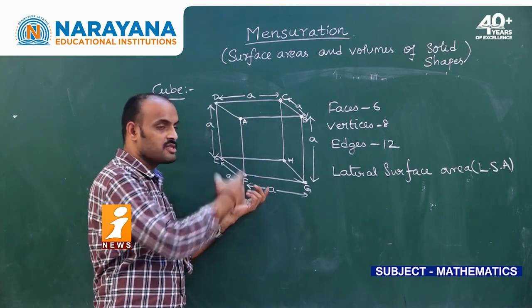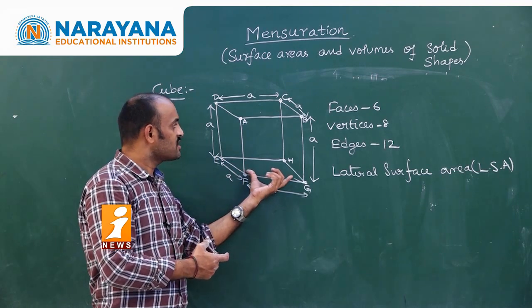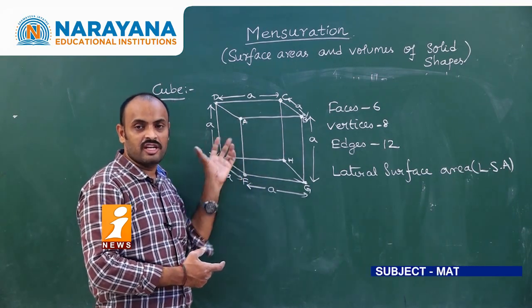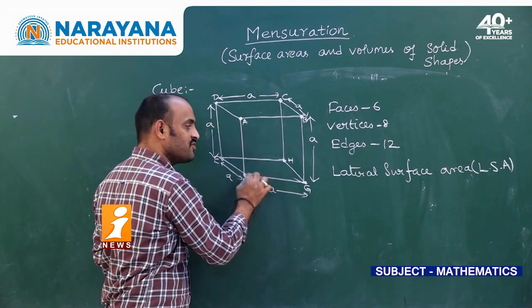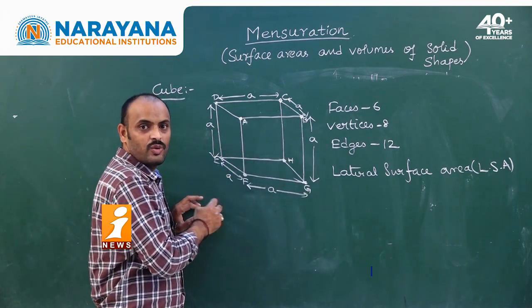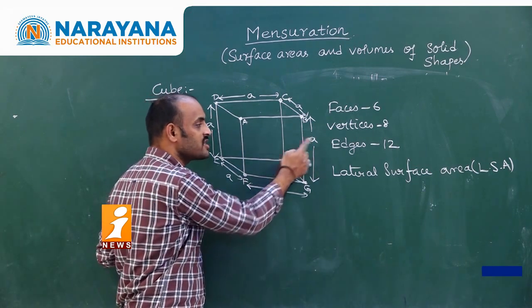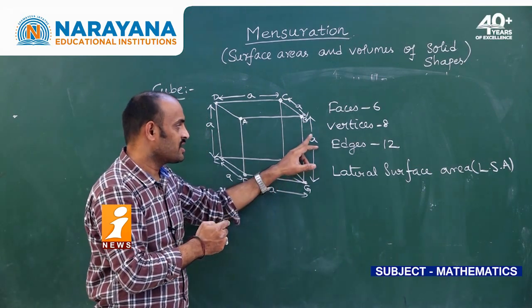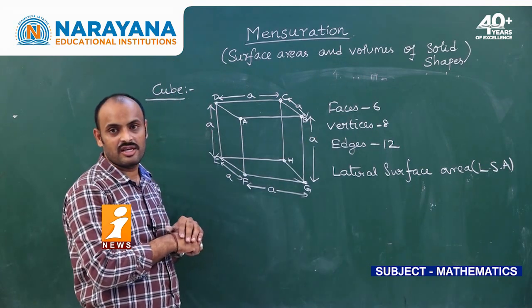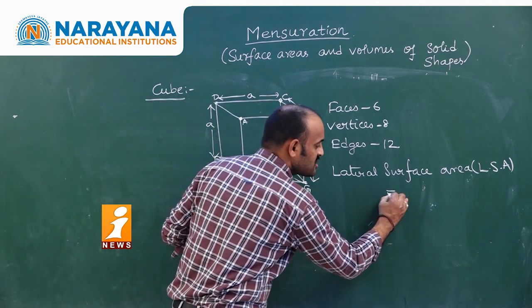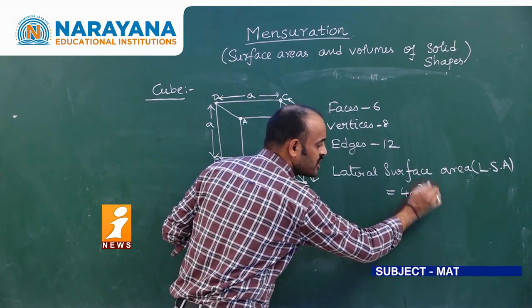Out of 6 faces, if I remove the bottom face and the top surface, the remaining are 4 surfaces. Each face is a square. What is the area of this square? Side into side, so a squared. Each surface is a squared. Therefore the lateral surface area of a cube is 4a squared.